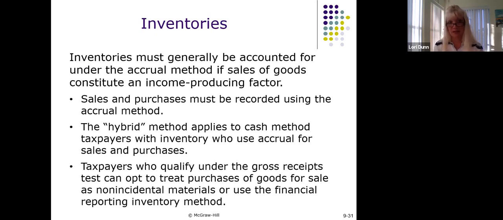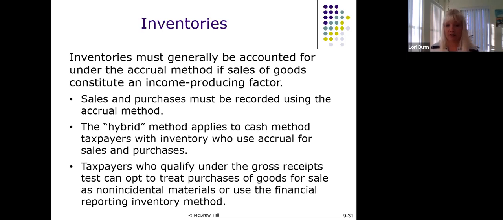So yeah, you have to sell goods to make money, then you have to account for inventory. You don't expense it or deduct it as you buy it. You will deduct it as you sell it. So sales and purchases must be recorded using the accrual method.